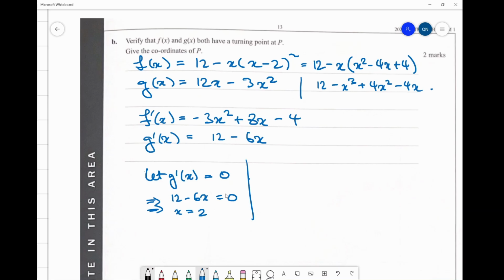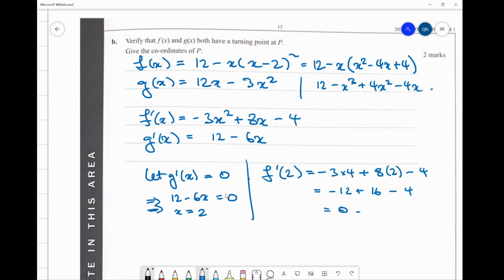So what we can do is just plug 2 into f prime and make sure that's equal to 0. So that's negative 3 times 4, and then plus 8 times 2, and then minus 4, and that's equal to negative 12 plus 16 minus 4, and yeah, that should be 0.